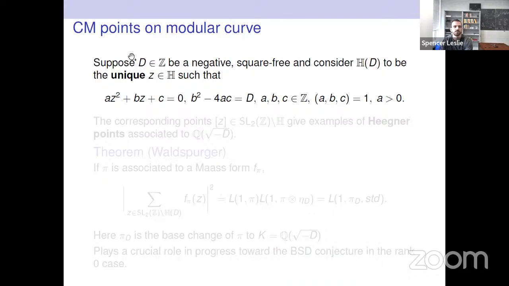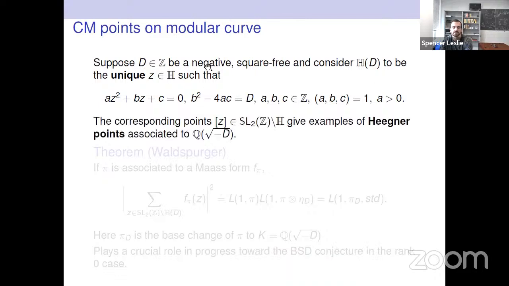So for such a D and for a set of coprime integers A, B, and C, there exists a unique point in the complex upper half plane Z satisfying this quadratic equation for all triples of integers A, B, and C satisfying this discriminant condition.